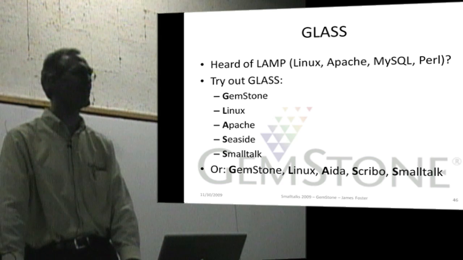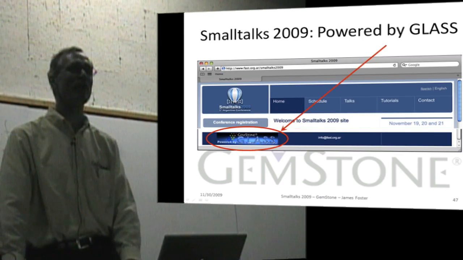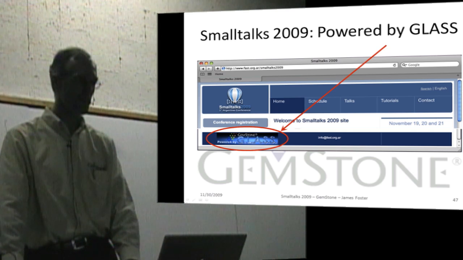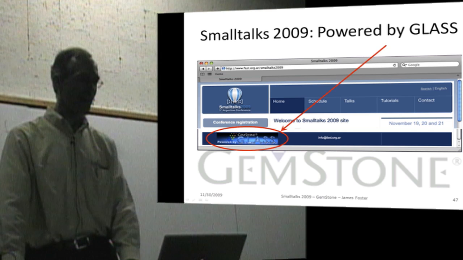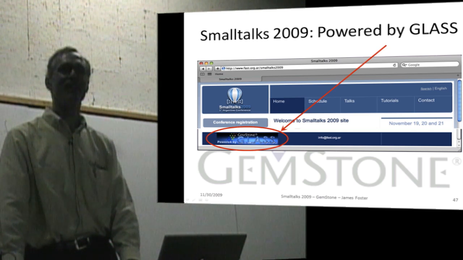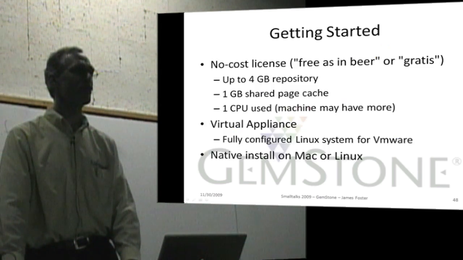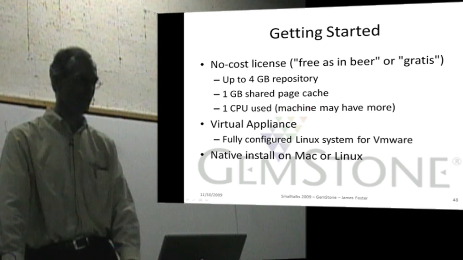So we don't want to leave out the AIDA people. There's multiple web frameworks in Smalltalk. But you may notice at the bottom of the Smalltalk's 2009 website, there's a little note that says powered by GLASS. So GemStone is being used for the Smalltalk's website.